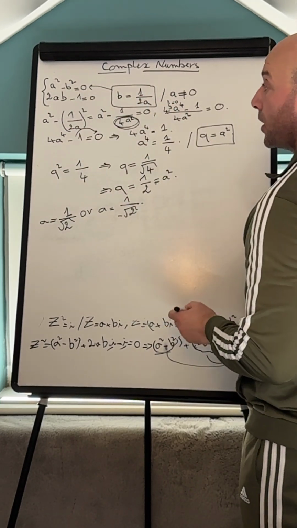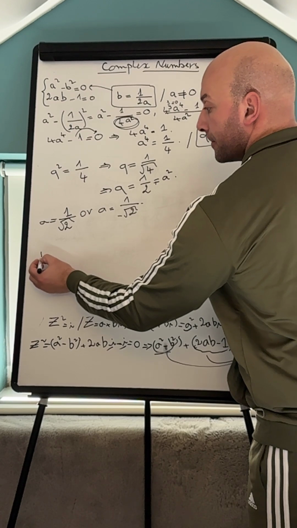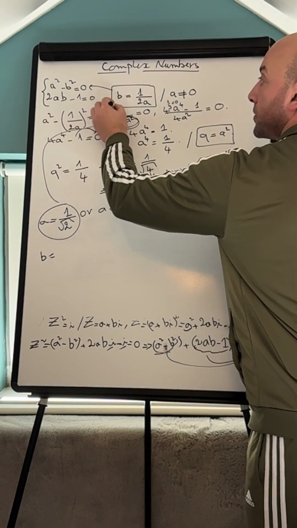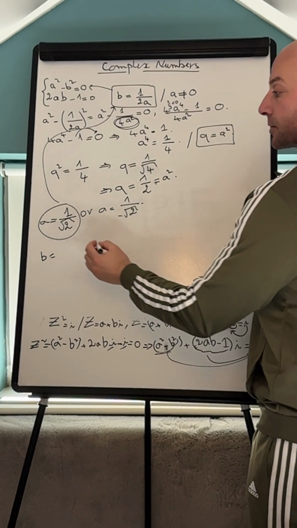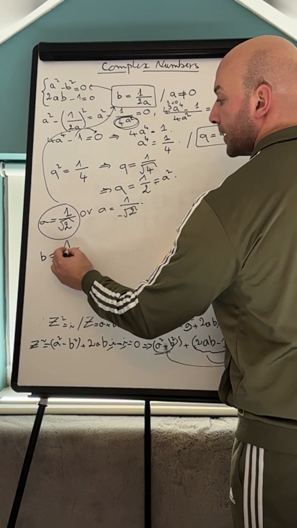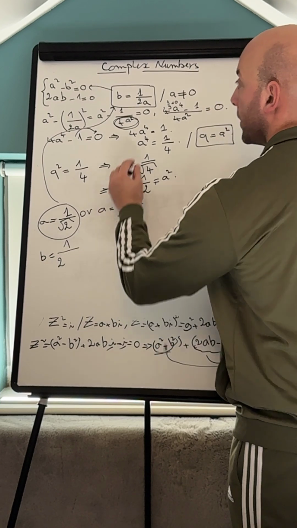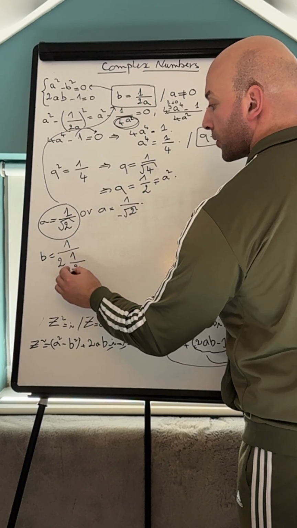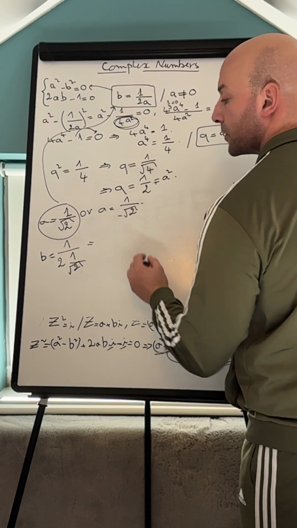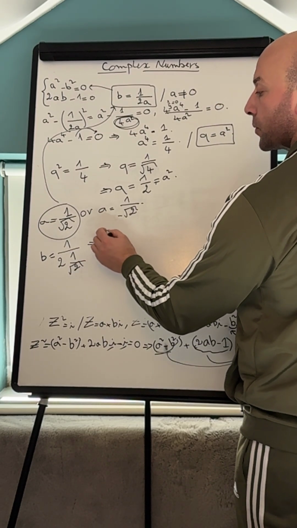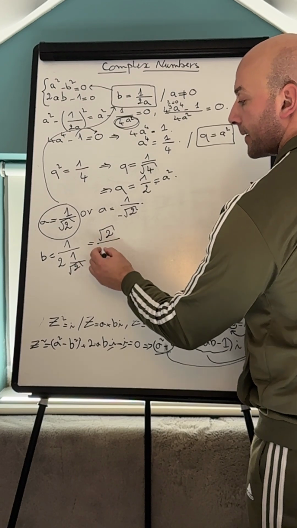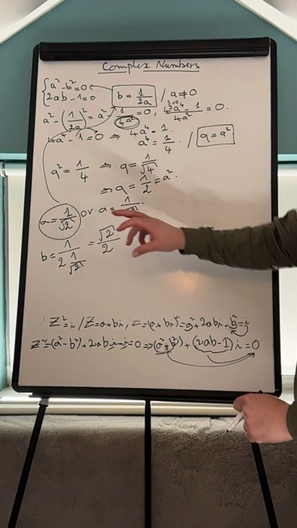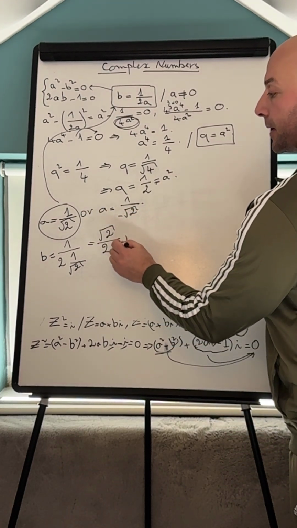And then from here, you have to take it back to this equation, which is b equals 1 divided by 2a. If we put a back in here, it's 1 divided by 2 times 1 divided by the square root of 2, so we flip it and get square root of 2 divided by 2. This is for b.